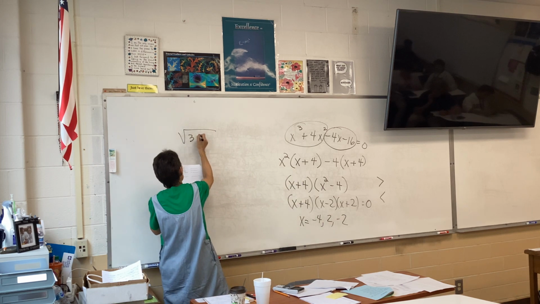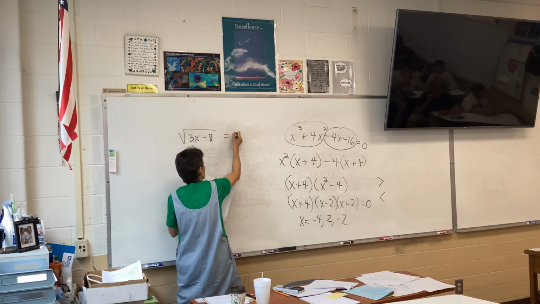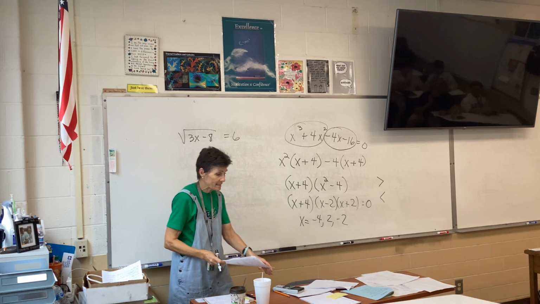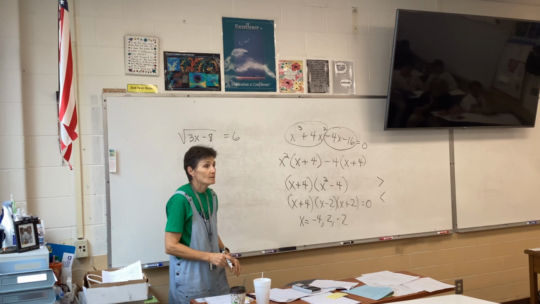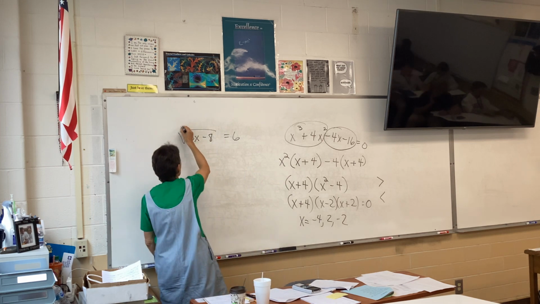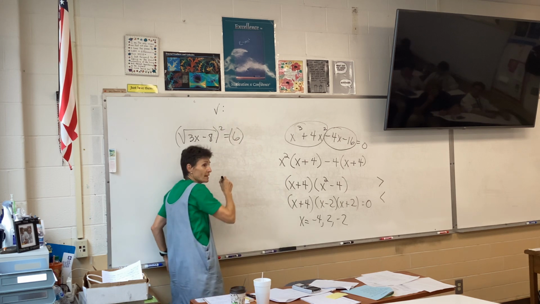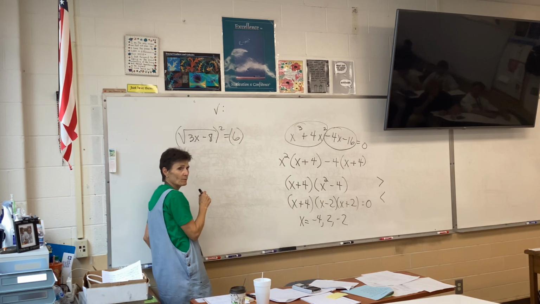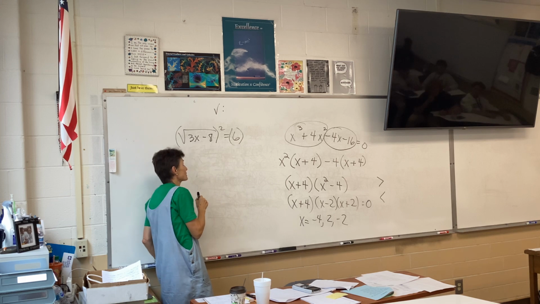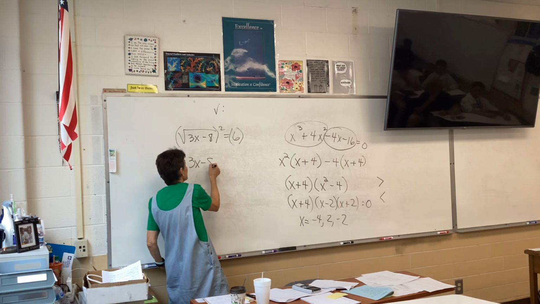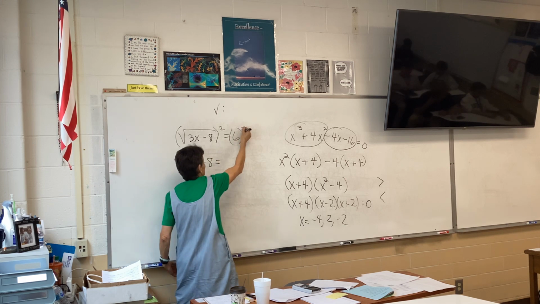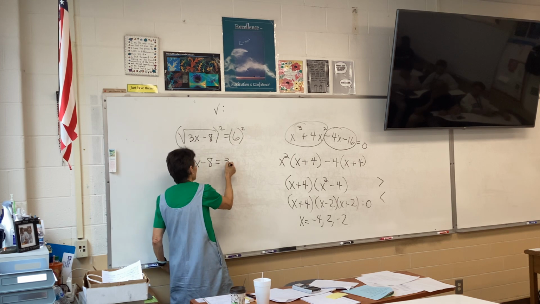Now this is totally different. Problems are all mixed up. What do we do with something like this? Square both sides. And this is the kind where I'm going to have to check my answer. Remember, sometimes we get extraneous roots. So 3x minus 8 equals 36.